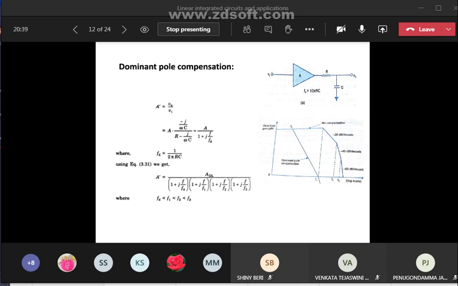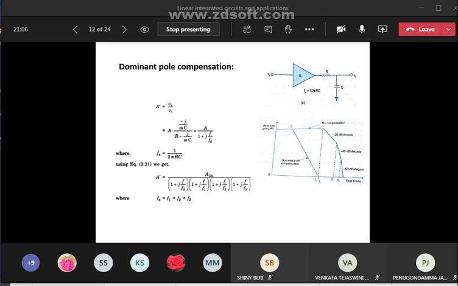The circuit is unstable with 3 break frequencies. With 3 break frequencies we are getting additional phase shift, and due to this additional phase shift the op amp may behave oscillatory.